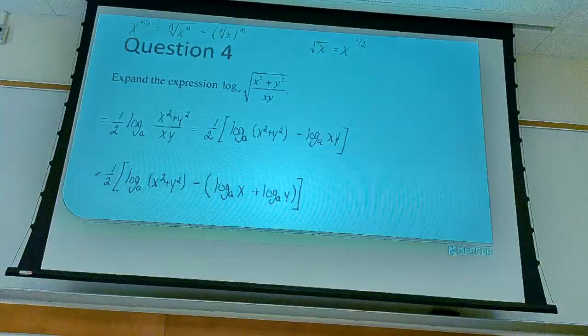Before we do any simplifying, are all of the logs fully expanded? Yes. Now it's just a matter of distributing. You have to distribute it.